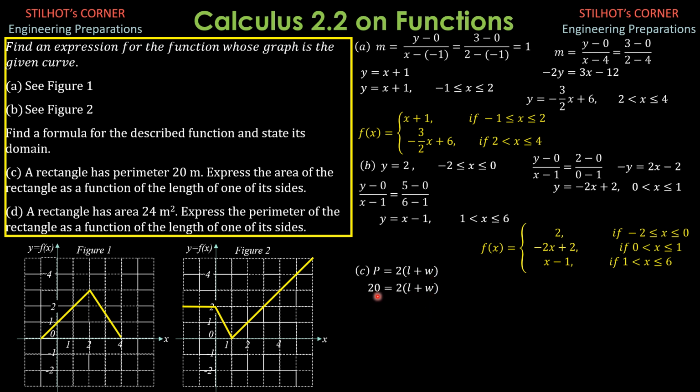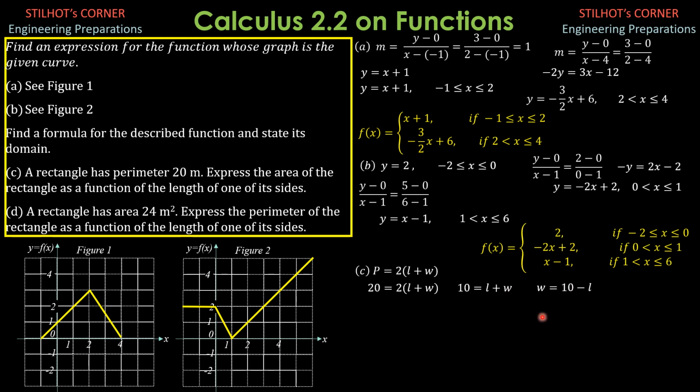So the perimeter 20 is 2 times quantity L plus W, so that means L plus W equals 10. And the domain of L is 0 less than L, and L should be less than 10. None of the dimensions should be 0, or else the area is 0 and there's no area.